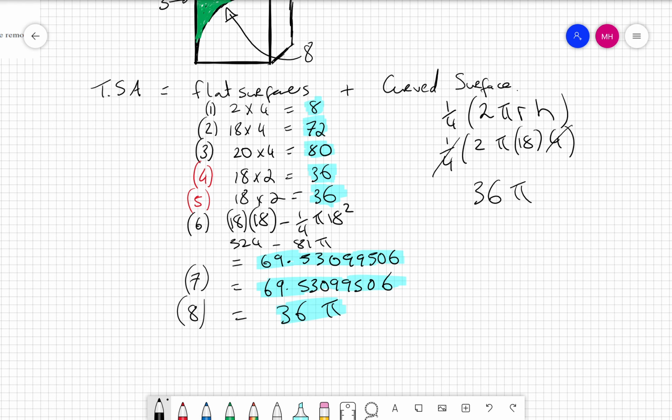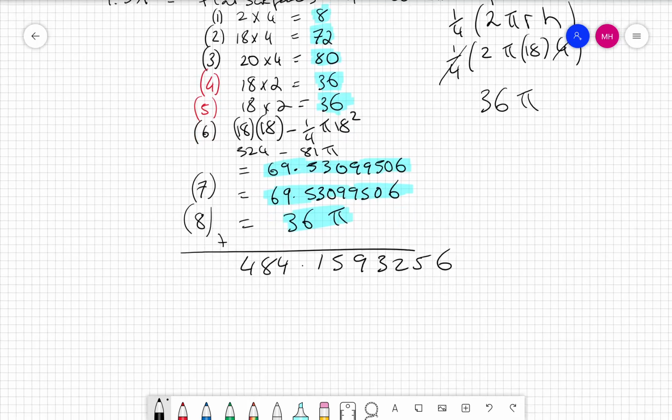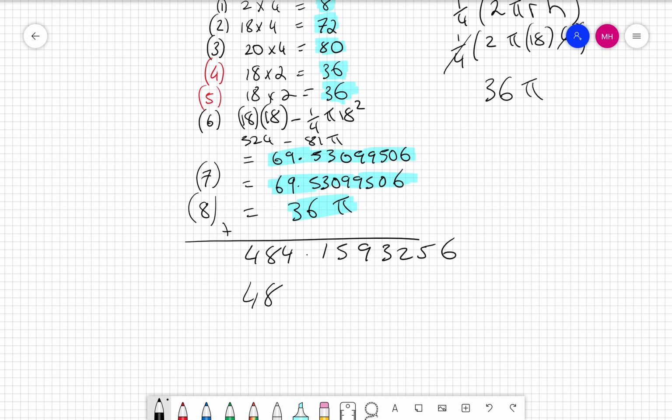And you should be getting, when we add all those, 484.1593256. So to the nearest centimeter, 484 centimeters squared.